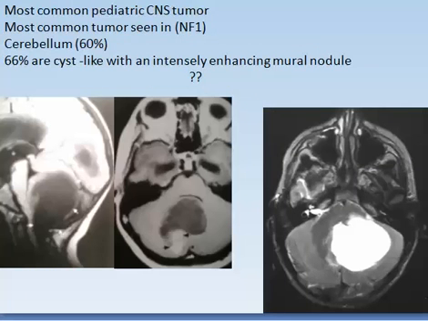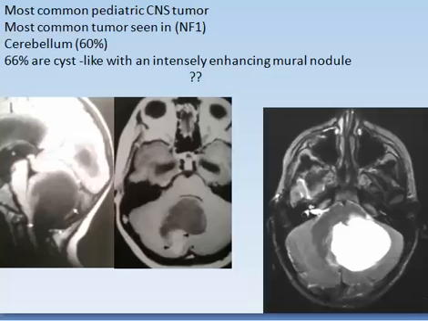So here we have a large cyst in the midline in a child. It is the most common pediatric CNS tumor, and the most common tumor seen in neurofibromatosis. 60% are in the cerebellum, 60% are cystic, showing an intensely enhancing nodule, a solid component, an enhancing mural nodule.